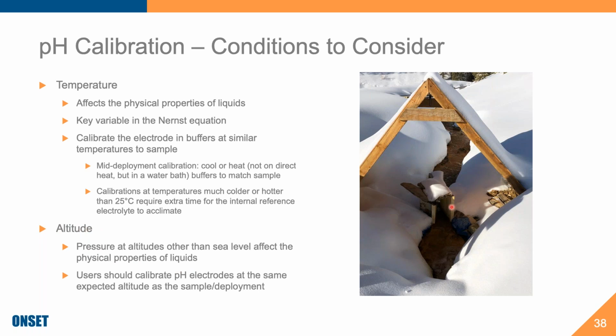Again, going back to, for instance, our acid mine drainage, which is here, the pH logger was deployed in here, and the calibration should be done, I can't remember how many feet up we were at this, maybe like 10,000 feet. I don't know. I might just be making that up, but we calibrated at sea level, and then we deployed at altitude. And it was actually apparent that it's important to calibrate at altitude as well.